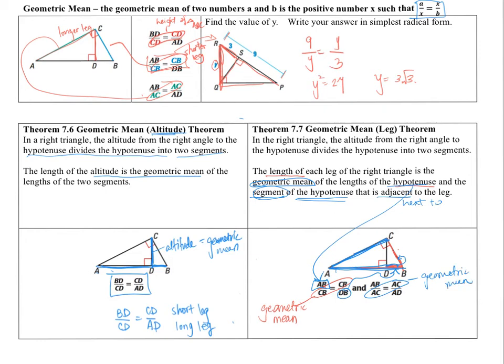It is a geometric mean between the hypotenuse AB and the segment of the hypotenuse AD, and that is adjacent, next to the leg. So this leg again refers to the geometric mean. So it's really important that you memorize these three proportions.